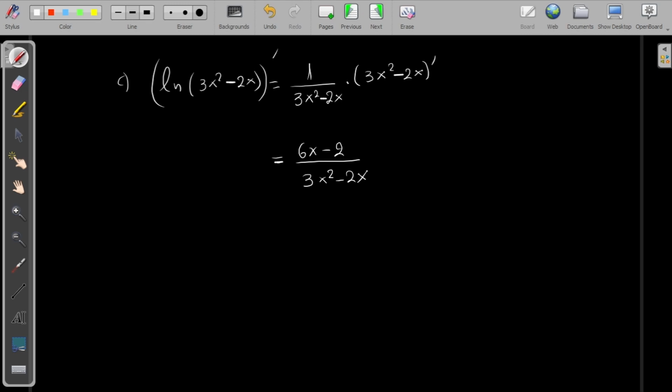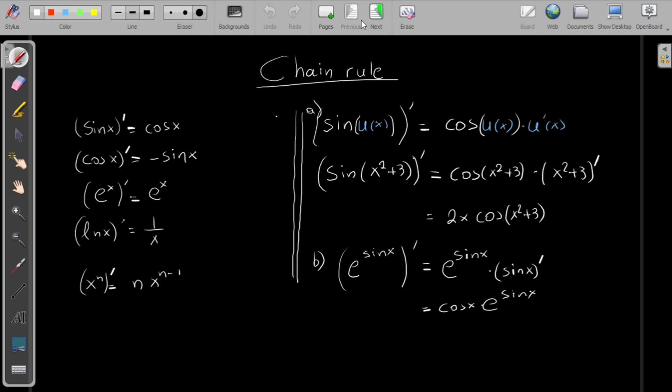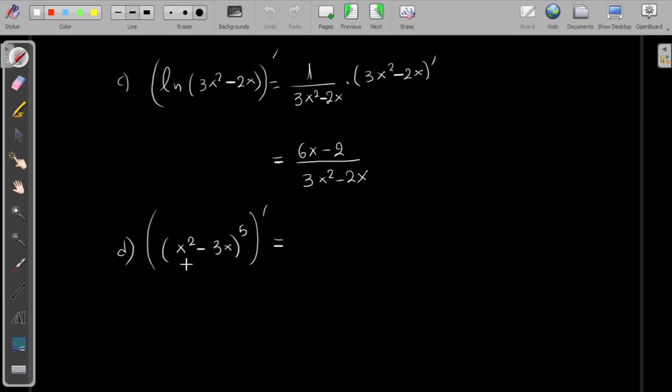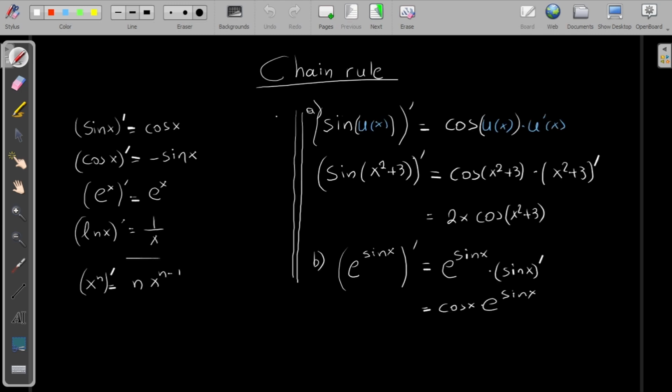Now, of course, I can have more complicated cases. I will show another one. Let's say that I have this one, derivative. Now here I have to understand which function this is. Under this case, it is x to the power of n, but be careful, I don't have x, I have a whole function inside.